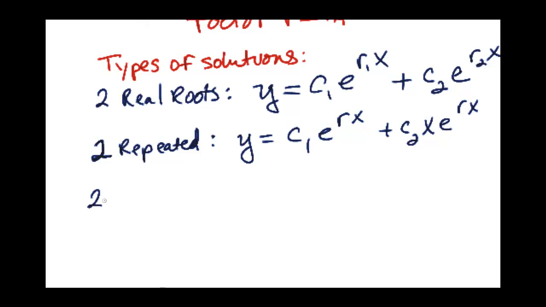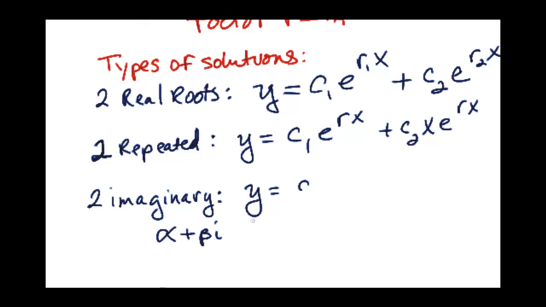And then if it's 2 imaginary solutions, it's going to be y equals, this is based off of alpha plus beta i, or a plus bi, however you want to look at it.